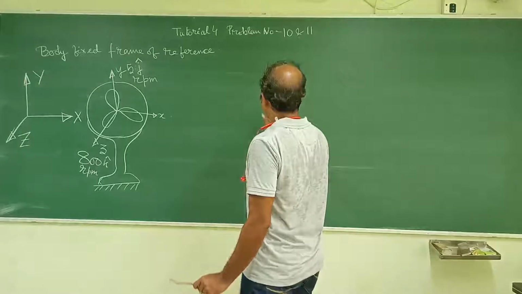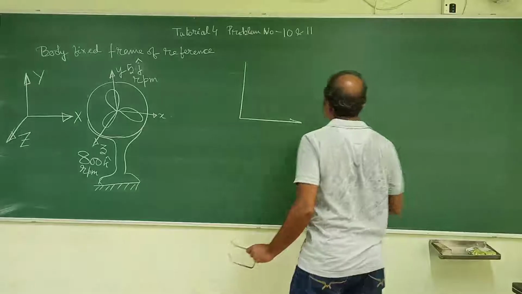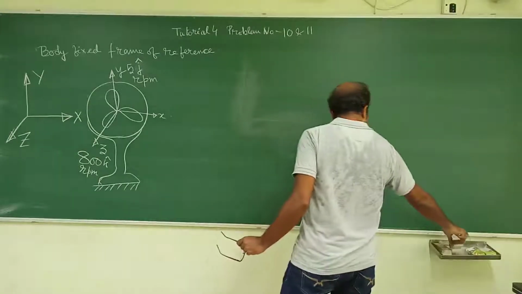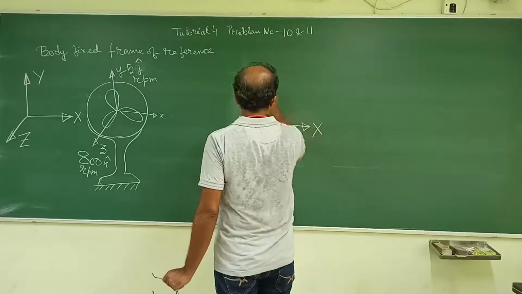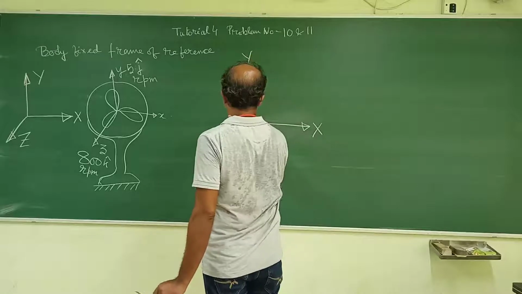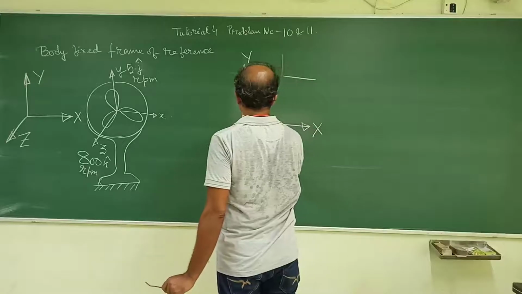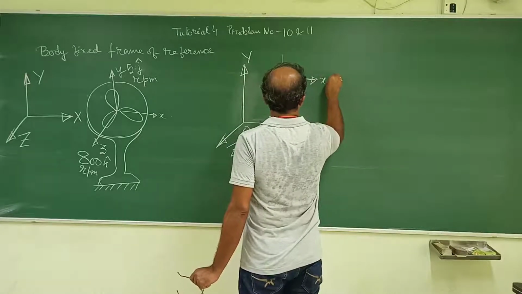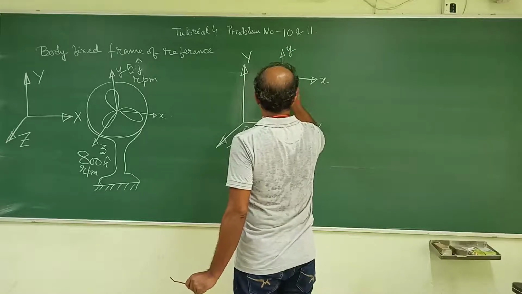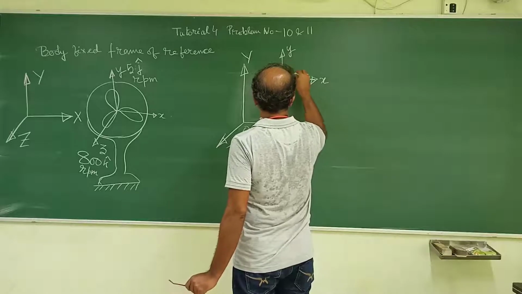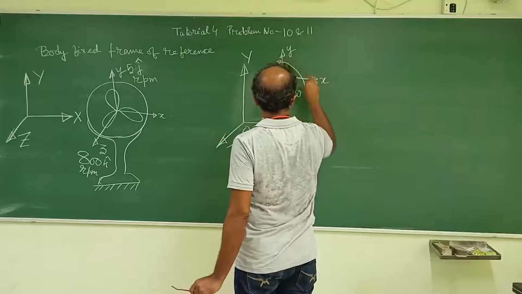Now I am going to make a clear picture, which I discussed earlier as well. This very diagram I discussed in the dynamics of particle chapter: capital XYZ, the inertial frame of reference, and an accelerating frame with origin O and small x, y and z, having angular velocity omega and angular acceleration alpha.